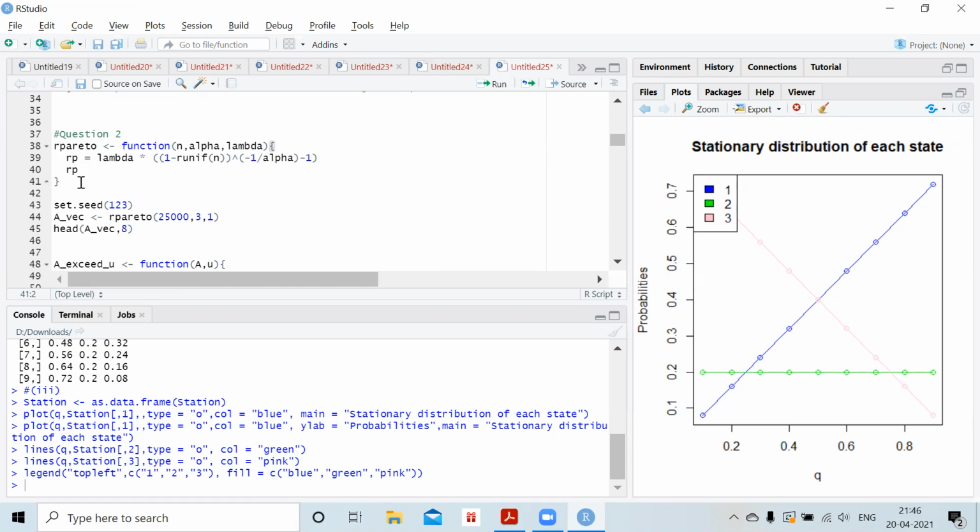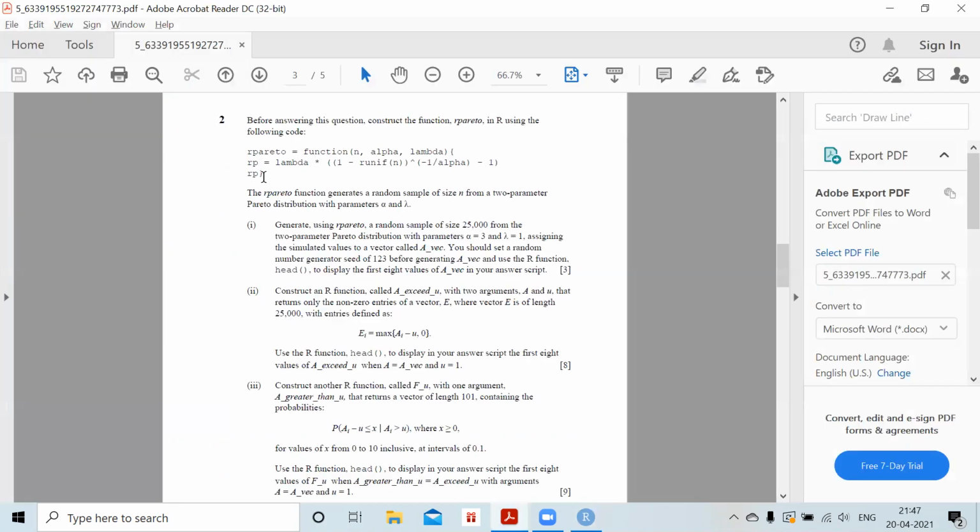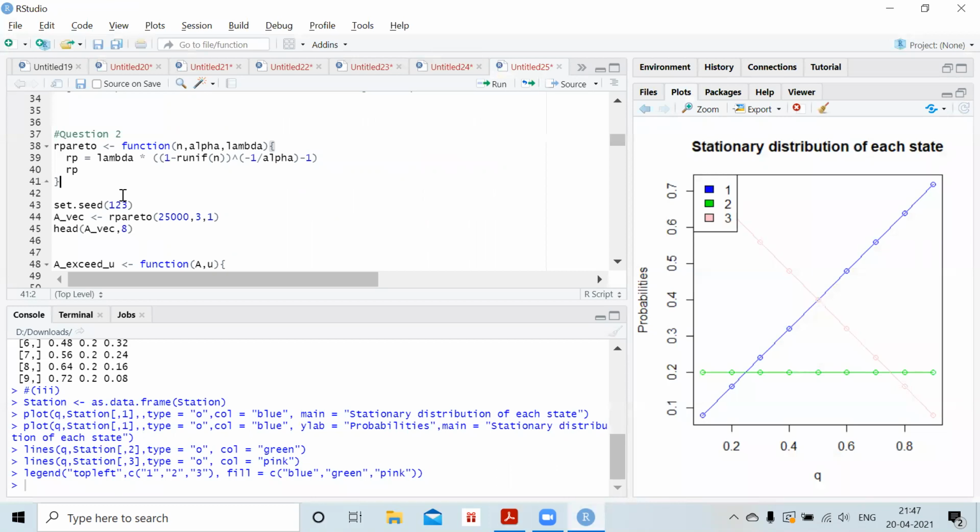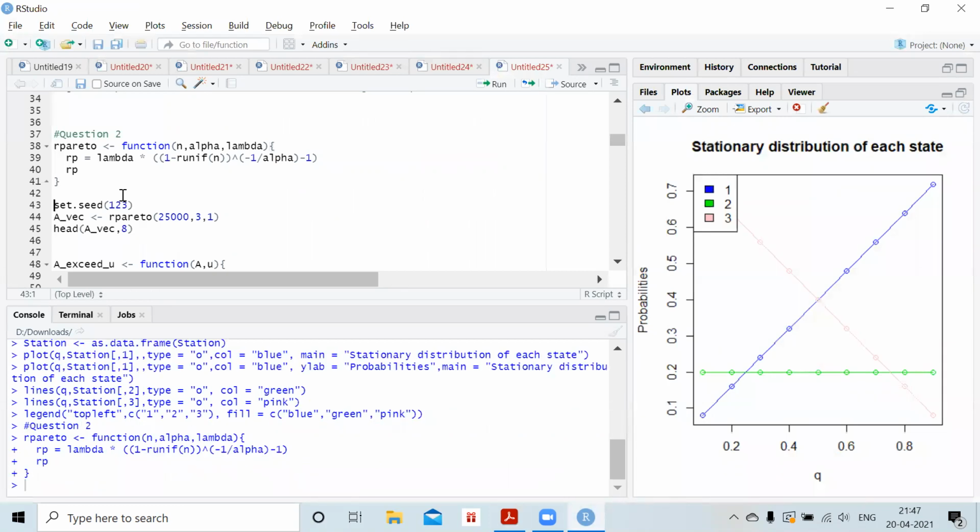This is for rpareto, so this is correct. Even if it's not correct, since the paper tells you to run it, you need to run it as it is. Okay.